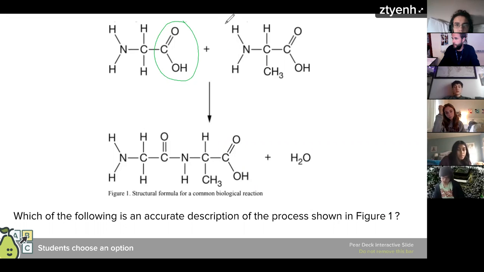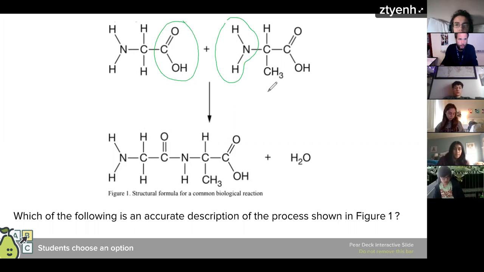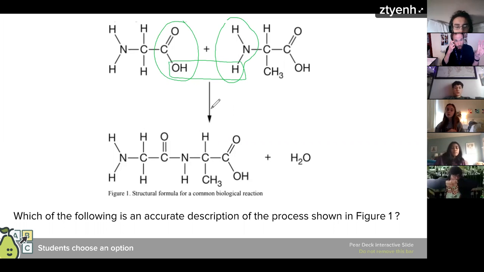And then over here, which functional group is that? Amino. The amino. So where's the water coming from in a reaction like this? The OH of the carboxyl group and one of the hydrogen atoms from the amino group are combining to form water, and a new covalent bond forms between the two monomers. It's a dehydration reaction. We're synthesizing a new molecule from two monomers.